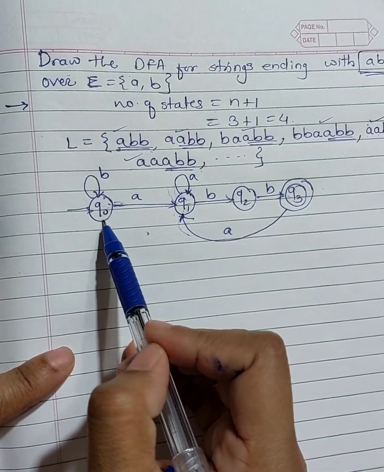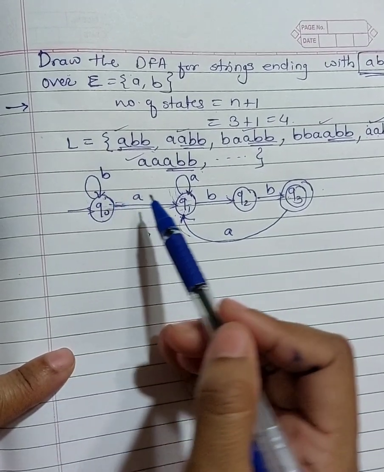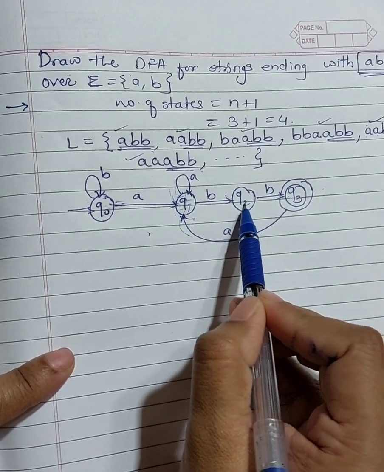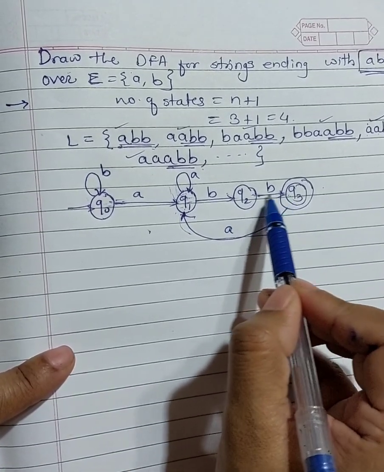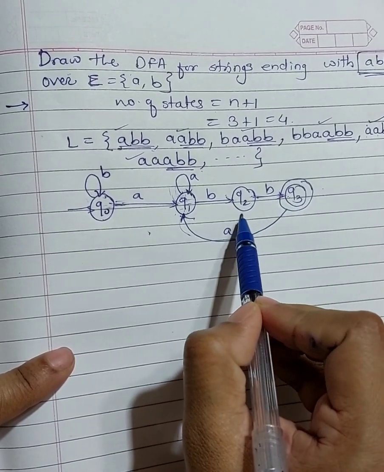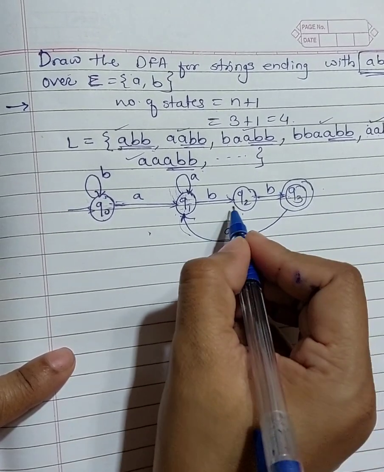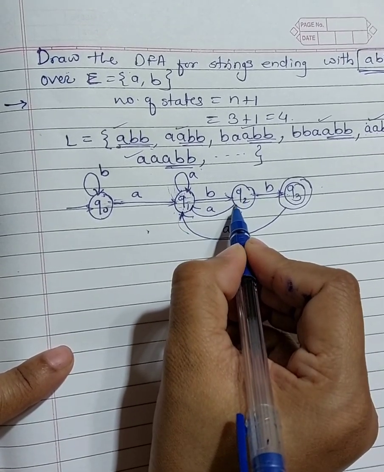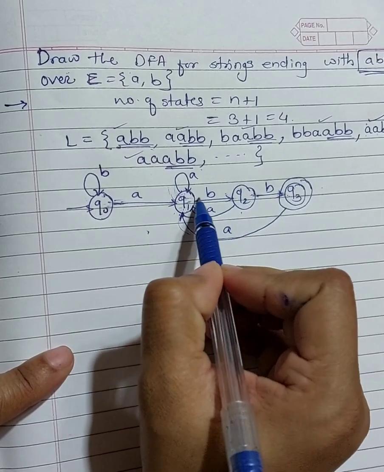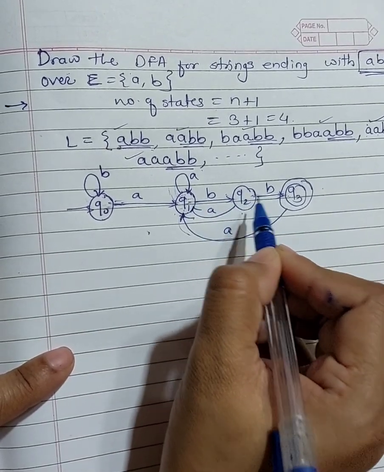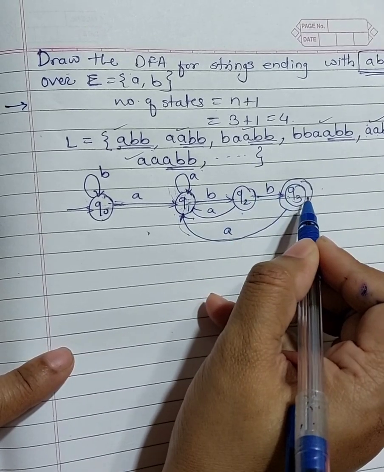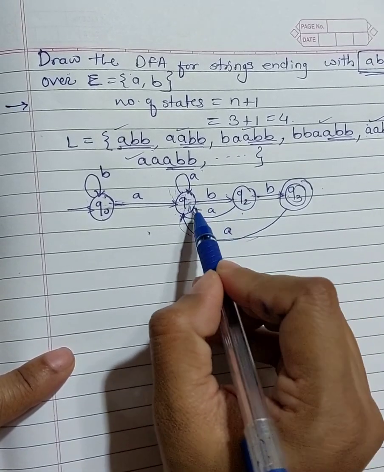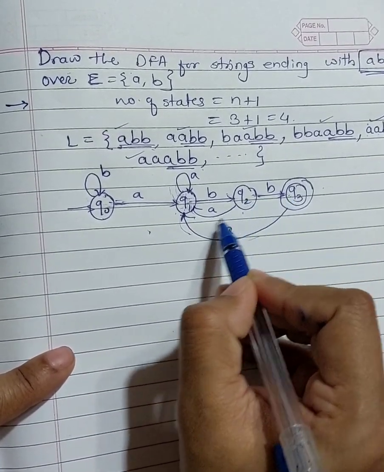Now check for state Q0, it is having for A, having for B. Check Q1, it is having input for B, having for A. Check state Q2, it is having input for B, not for A. If suppose on Q2 we have input A again, so I will pass this input to Q1, because if we get input A over this state, it should end in BB at last. So we'll pass it over here, just like this. Now we are done with this state, so it is having input for B, having for A.